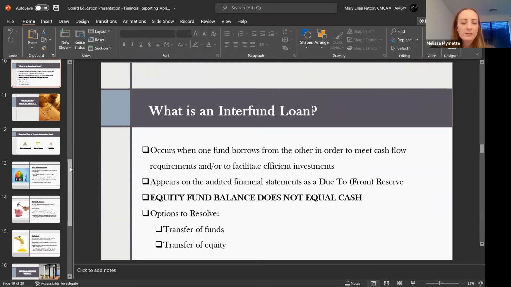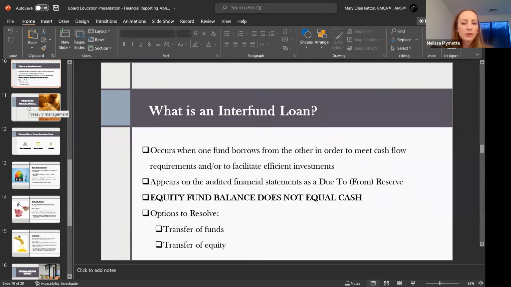What it is, it basically is created when one of your funds, either capital or operating, borrows from the other in order to meet cash flow needs for the community. So it essentially shows that the total amount in the association's equity for capital reserves, for example, doesn't equal the amount in the bank accounts that are allocated for those reserve accounts.